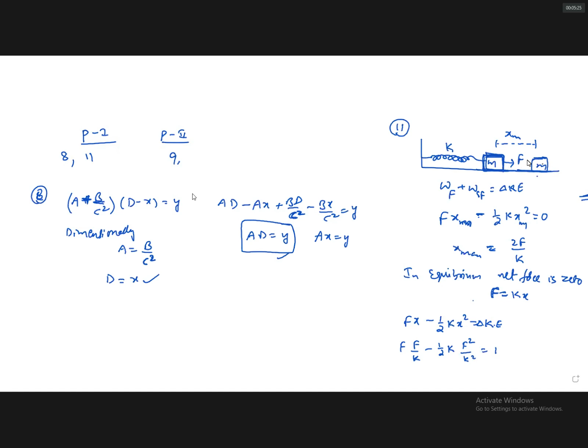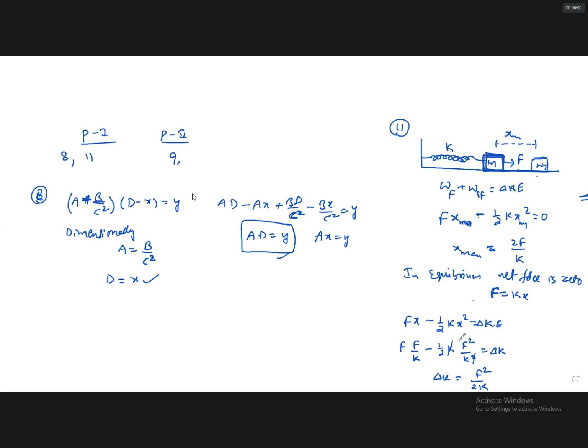In between extreme and rest position, we have a mean position. Therefore, kinetic energy acquired by the block, delta k, we get f square by k minus f square by 2k, we get f square by 2k. Half kx square also we get f square by 2k. Energy stored in the spring, we get f square by 2k, and kinetic energy acquired by the block is also half kx square.